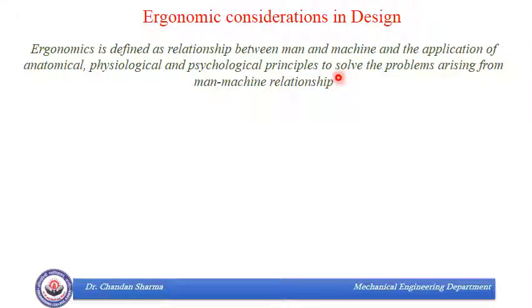The chair that we often use for our seating, if it is ergonomically designed, we will not feel fatigue. If its height is proper, we will be comfortable. So all these principles come under the umbrella which is called ergonomics.